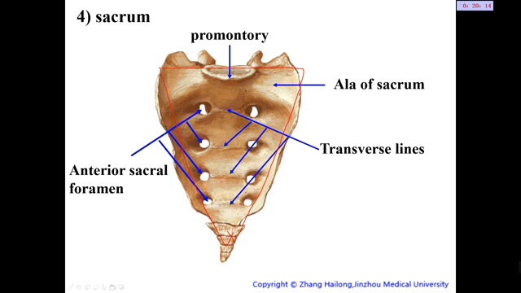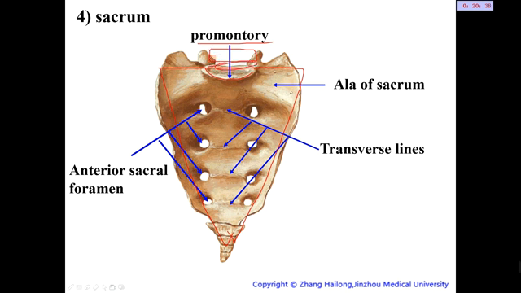Here is the apex of it. On the base, there is a promontory. This promontory will connect with the 5th lumbar vertebra. On the top, here should be the 5th lumbar vertebra. They will communicate with each other by the intervertebral disc.